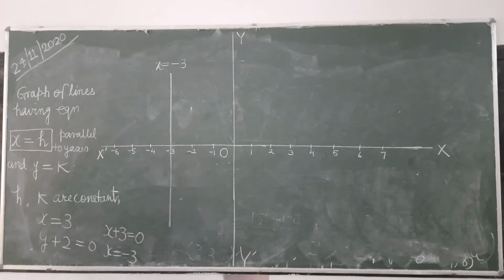Now one more thing, every point situated on this line will have x coordinate as -3.